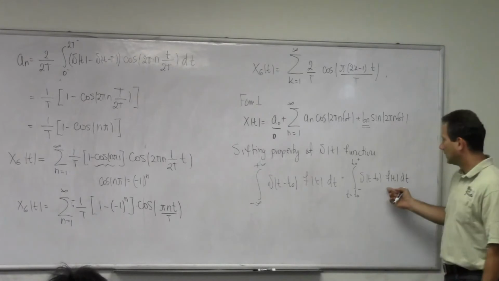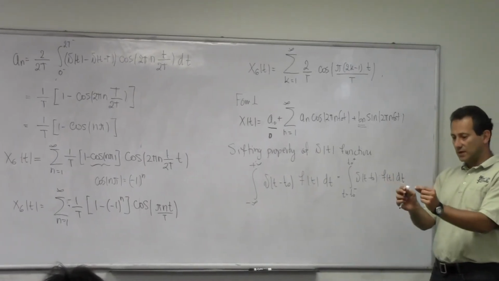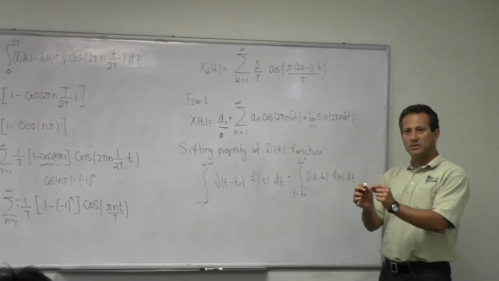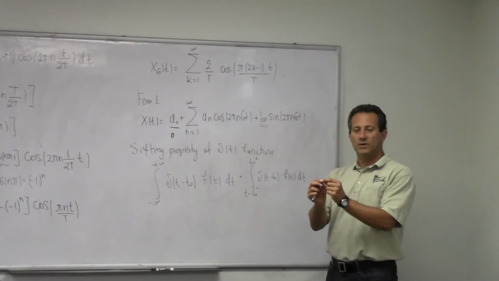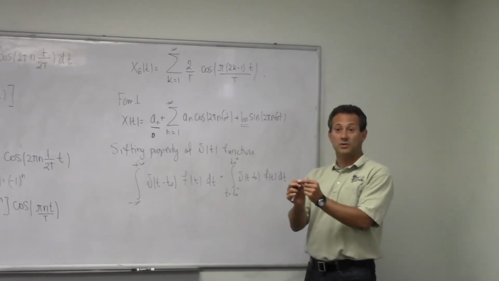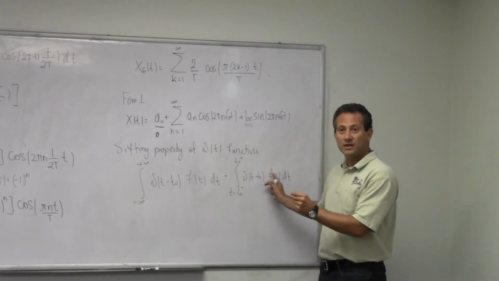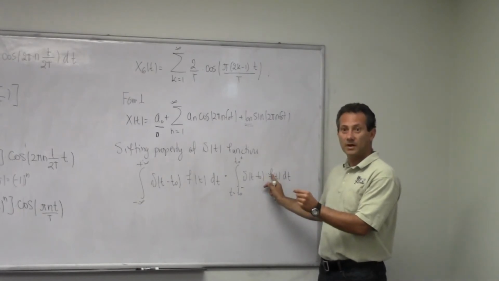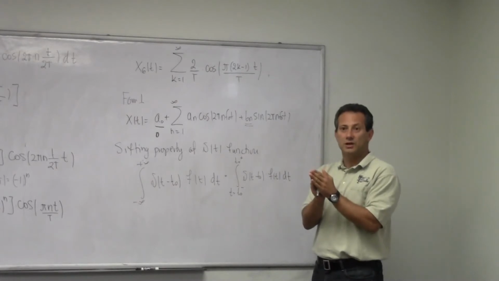Most of the time, f of t is a continuous function. So if I look at this function in an interval from t0 minus to t0 plus, what does it become? It becomes a constant, right? It becomes the value of the function f of t0. It's just one number because the interval is so small, the function has no time to change.